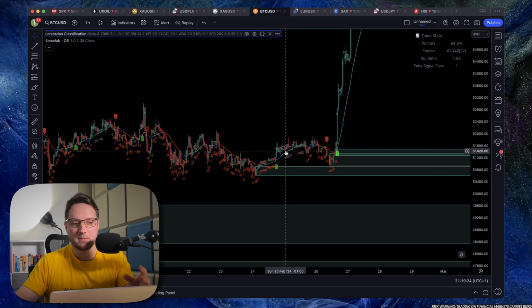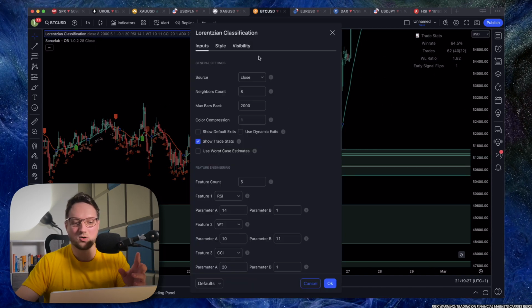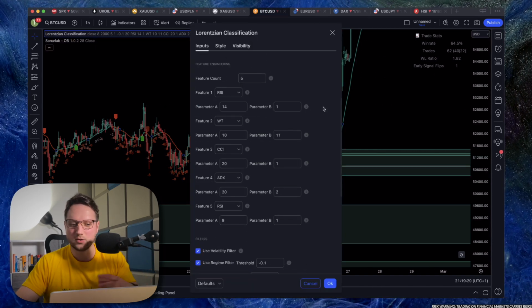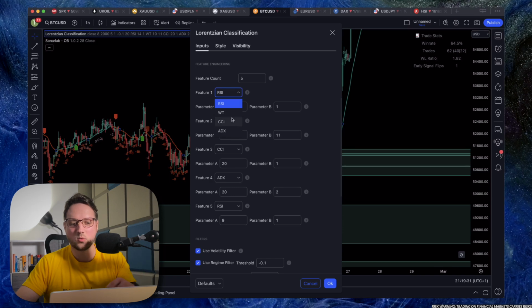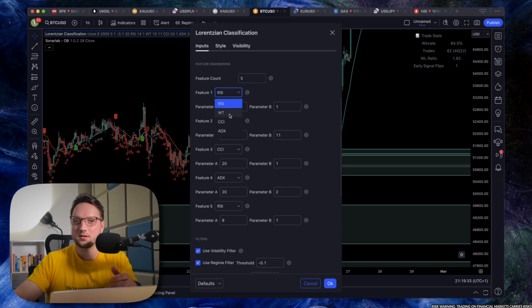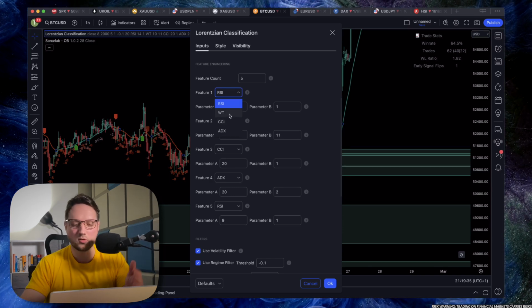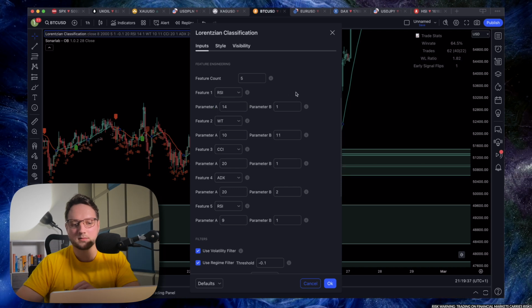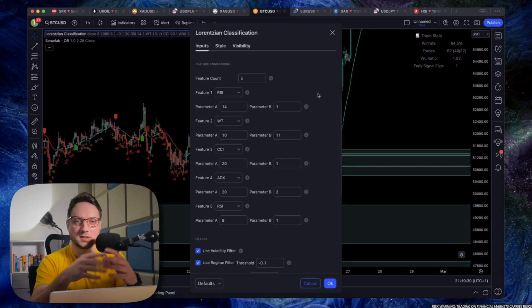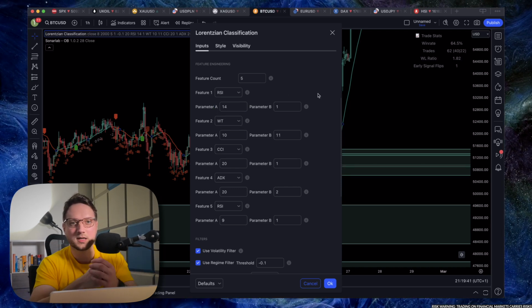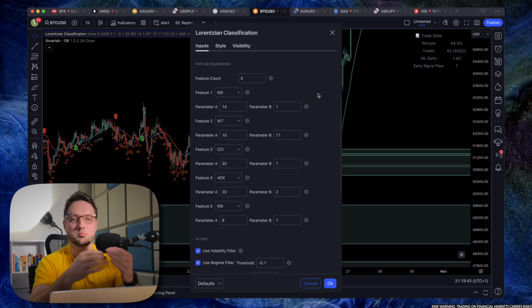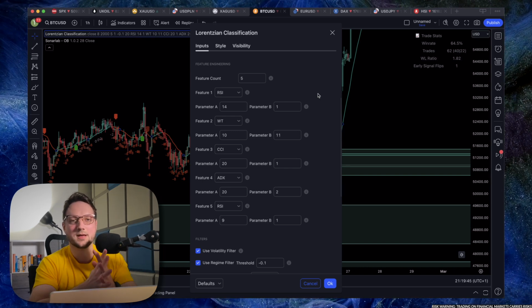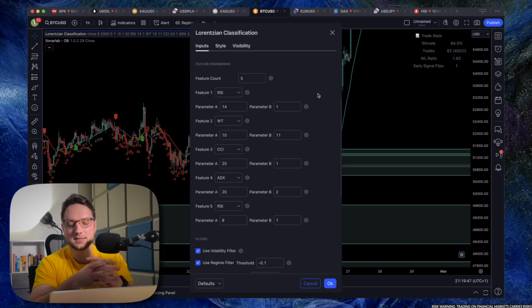And yeah, as you most likely saw, in the Lorentzian we have RSI and wave trend, which is an indicator that we discussed a second ago, but I included it in the list separately because I tested it on its own, and it had a very high win rate, as I told you.